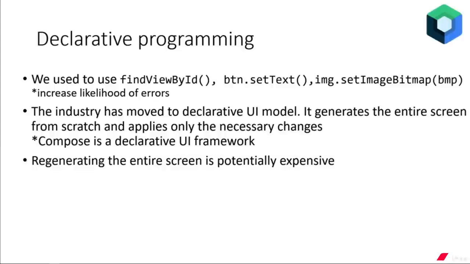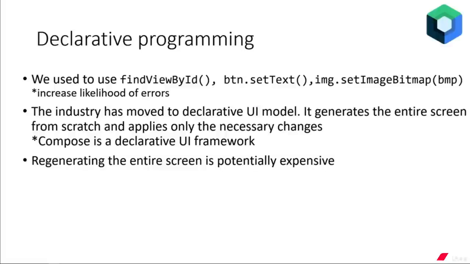Manipulating views that way manually increases the likelihood of errors. Over the last several years, the entire industry has started shifting to a declarative UI model. It generates the entire screen from scratch and applies only the necessary changes. This technique works by conceptually regenerating the entire screen from scratch, then applying only the necessary changes.